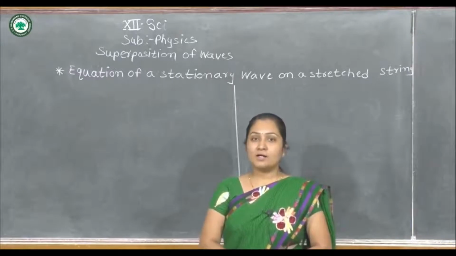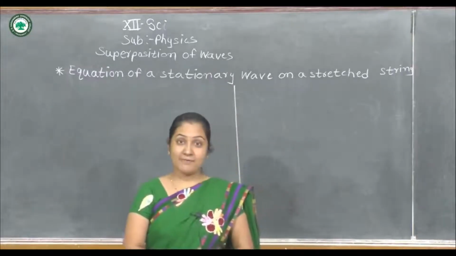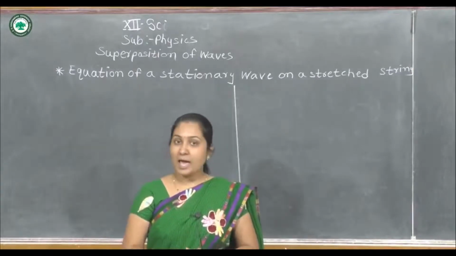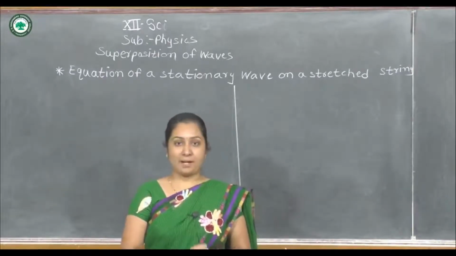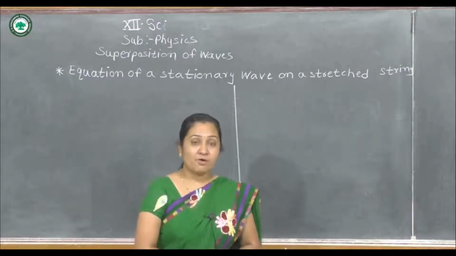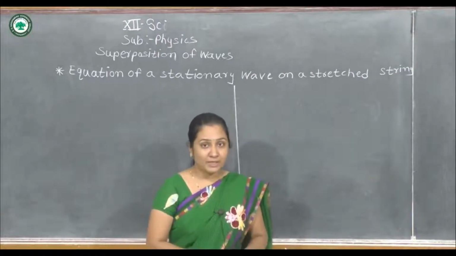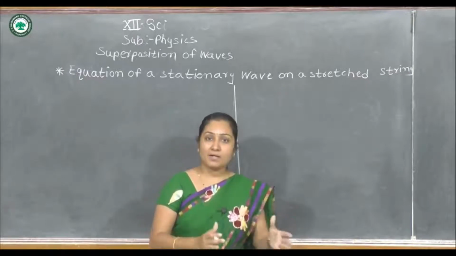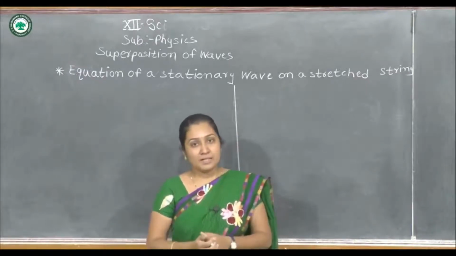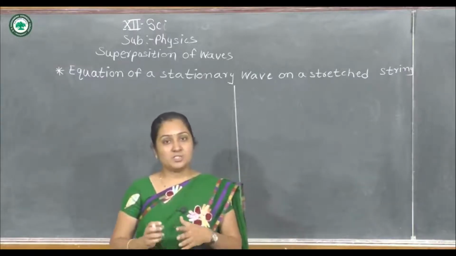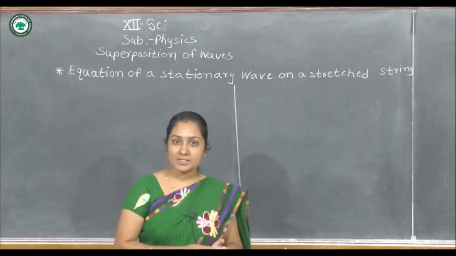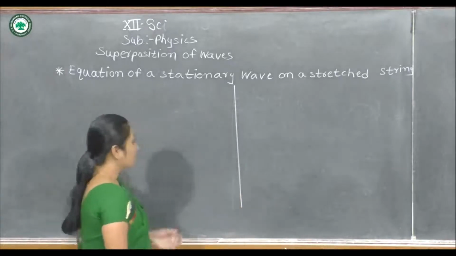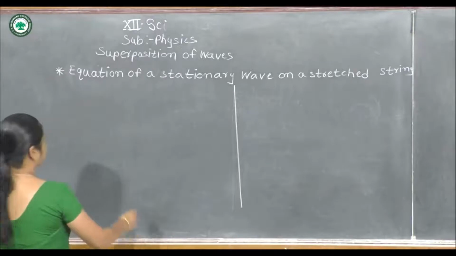Consider two progressive waves having same amplitude denoted by small a and the wavelength lambda. A wave which is moving in positive x direction is represented by an equation. Similarly, the second wave which is moving in negative x direction is also represented by one equation. So we will write those equations.